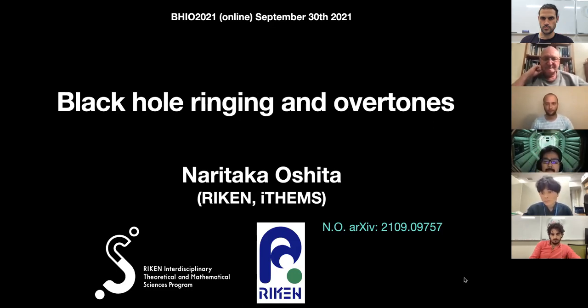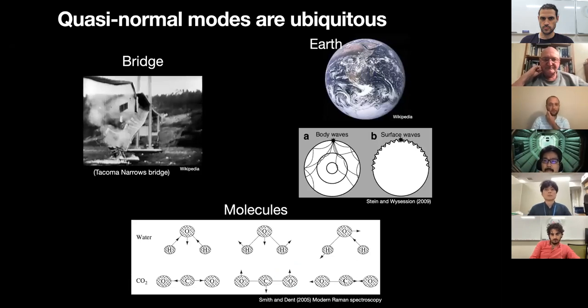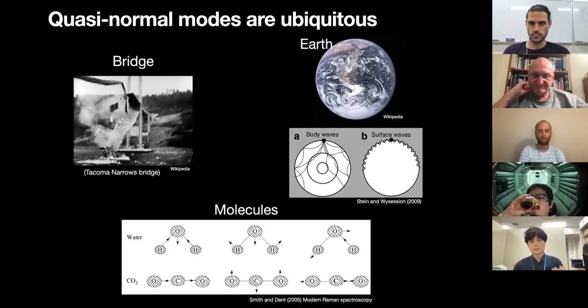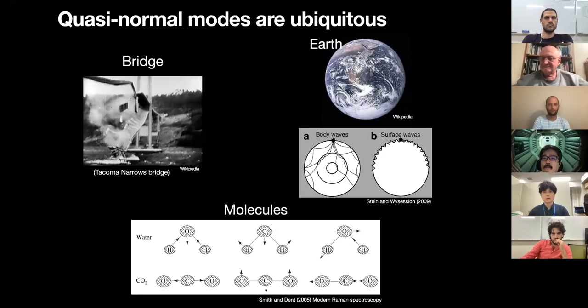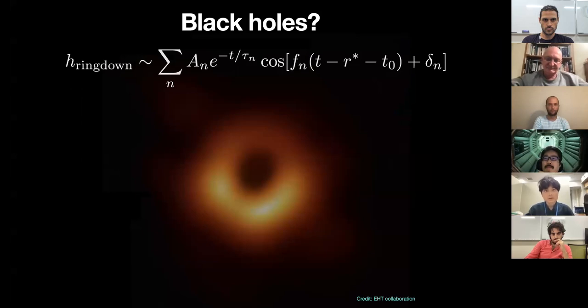As you know, quasinormal modes are ubiquitous on the Earth and even in the universe. Bridge molecules, the Earth, and even stars have their own quasinormal modes, and those are very important in physics. Of course, black holes also have their own quasinormal modes, and the "quasi" means that there is a damping in the normal modes.